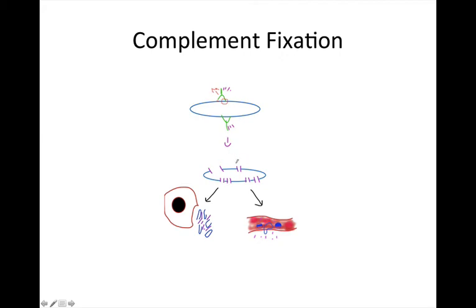When it comes to killing a pathogen, like a bacterium, these complement proteins are going to stick together and form a circular unit, which is essentially a hole punch. They're going to break open the plasma membrane, literally penetrate right through it, and that's going to cause an influx of fluids.